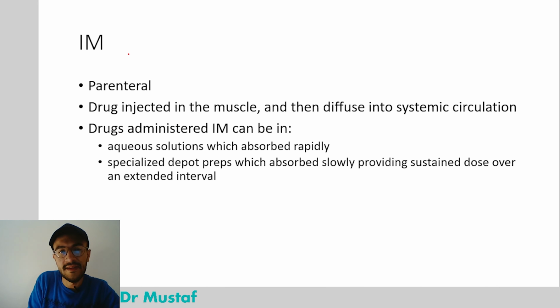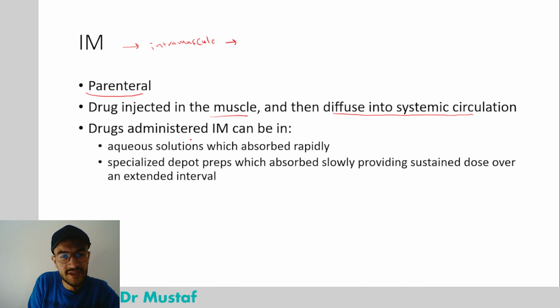Now let's talk about the intramuscular route. IM, which is into the muscle, is also a parenteral route. The drug is injected in the muscle and then diffused into the systemic circulation.